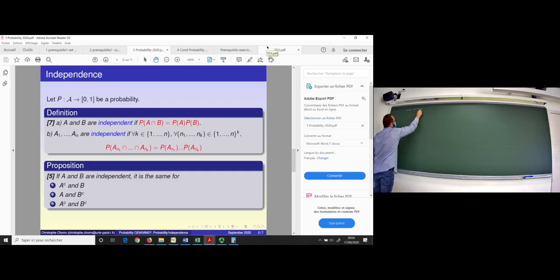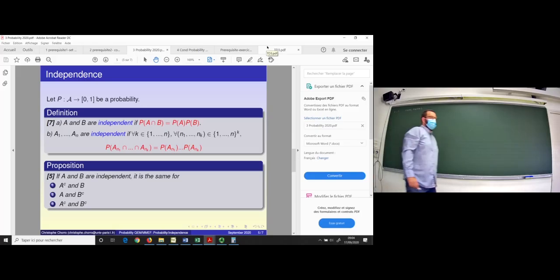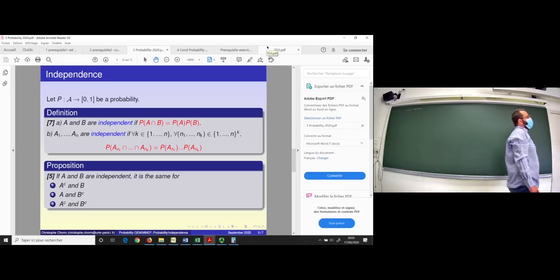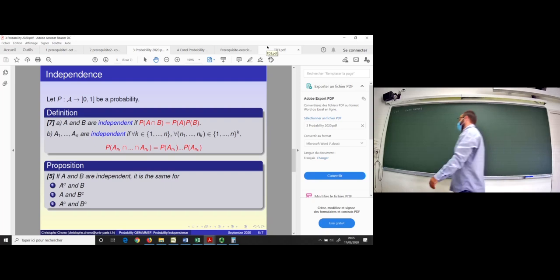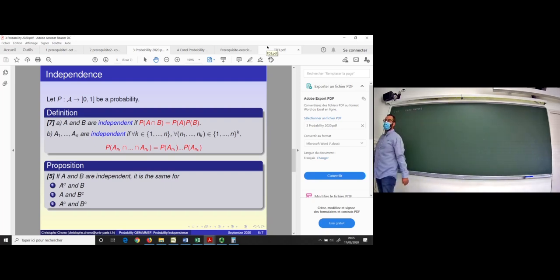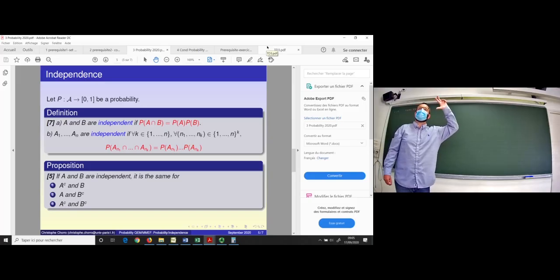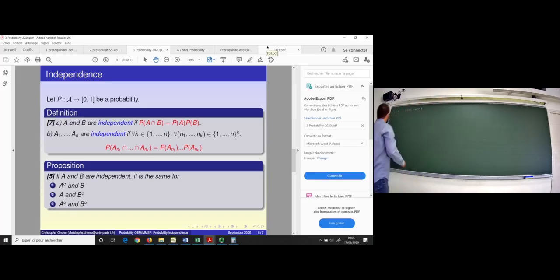It's what we mean by independence in the case of probability. The second point of the definition is a generalization to more than two sets. So you have this statement here, and in order to make it clearer, I have said what happens in the case of 3 sets.